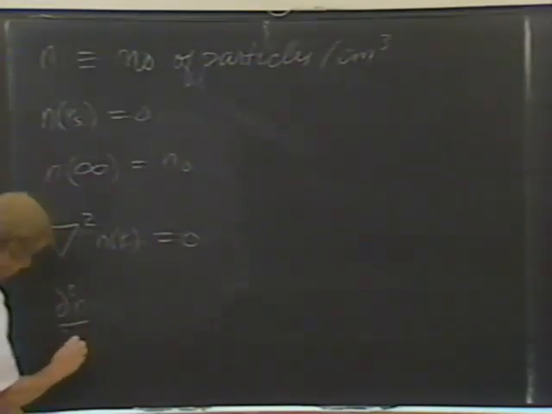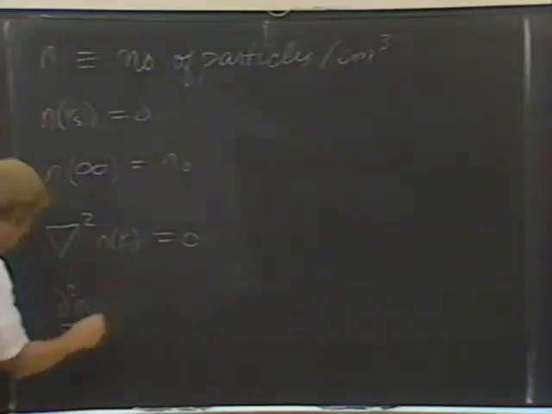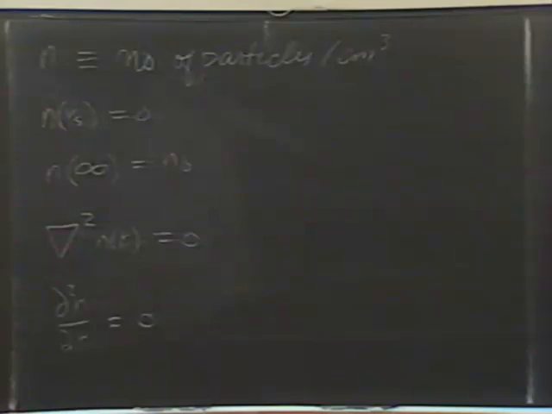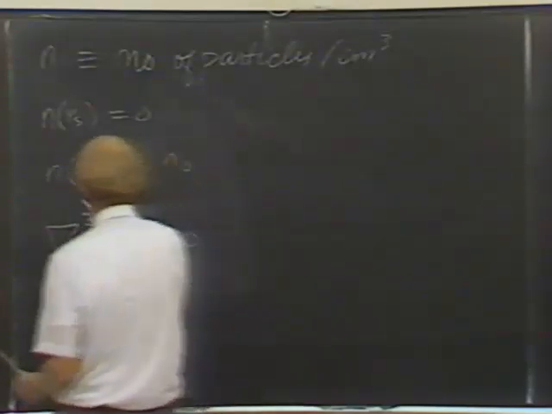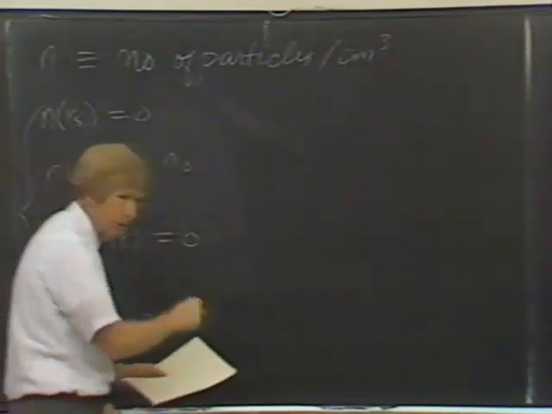In this case, we're dealing with it in one dimension, and it is equal to 0. Does that help? A little bit. And so we have two conditions and a relationship that we can solve.